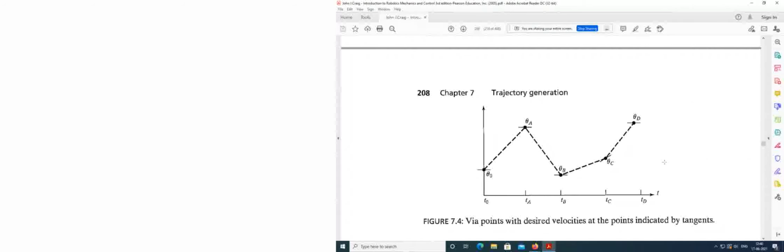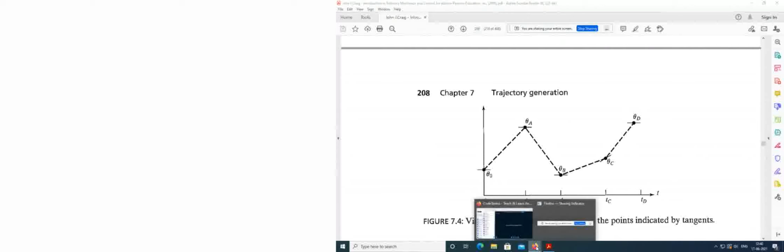What else can I say about the constraints? What other constraints can I have? Anyone? Maybe you can unmute and speak. What other constraints can we have, particularly at via points?